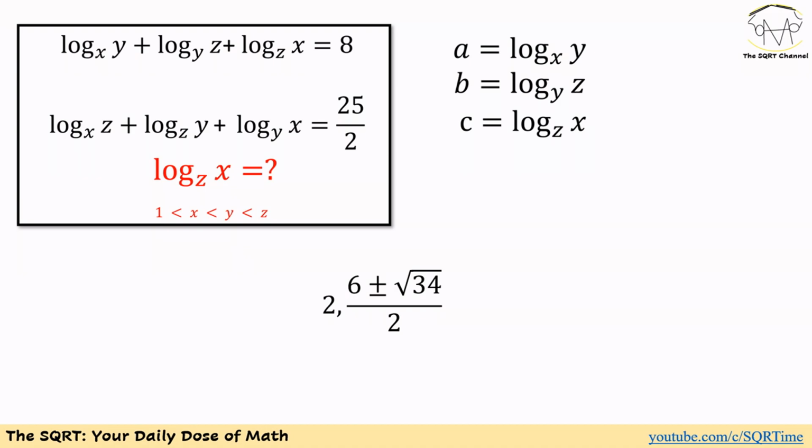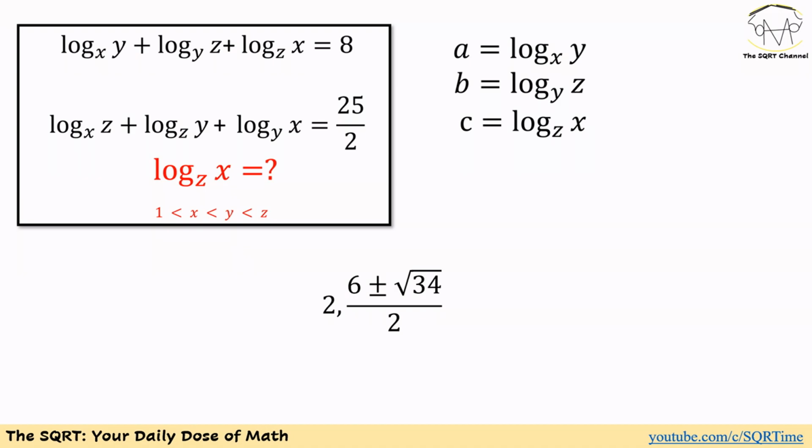So one of these values is going to be c. In other words, it can be 2, it can be 6 plus square root of 34 over 2, or it can be 6 minus square root of 34 over 2. We are going to find out which one is the case here. To do this, let's use the condition that we have in the problem.